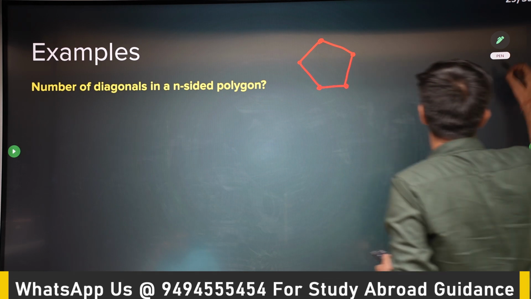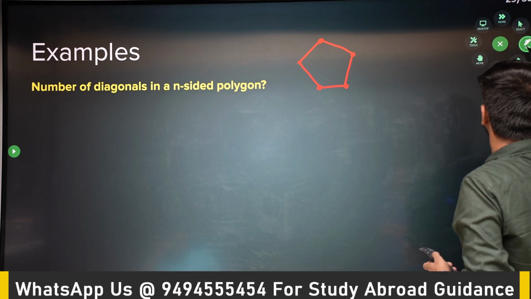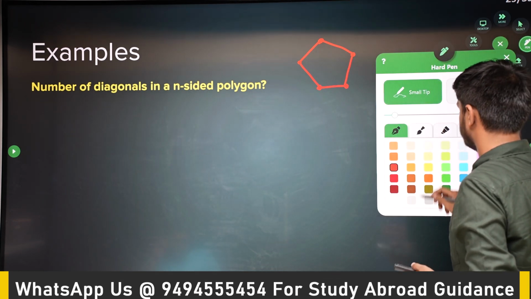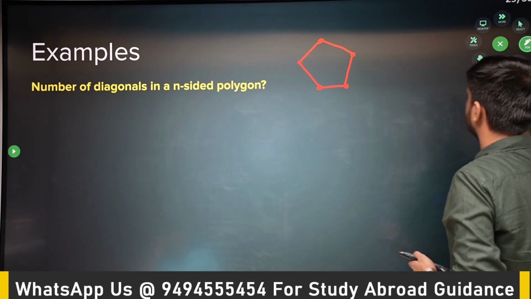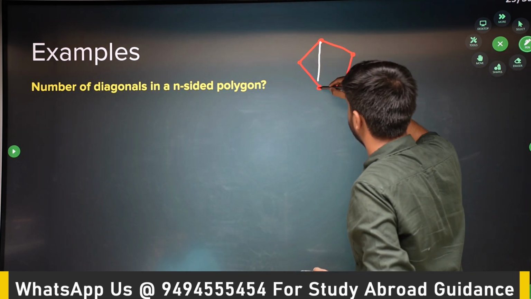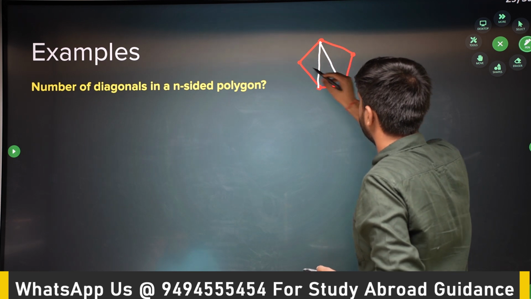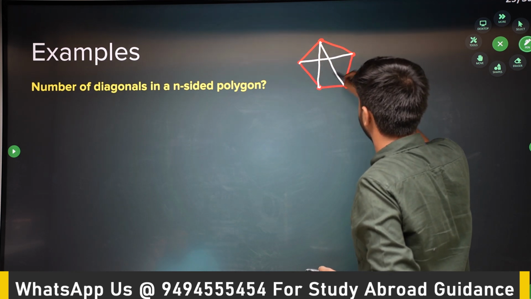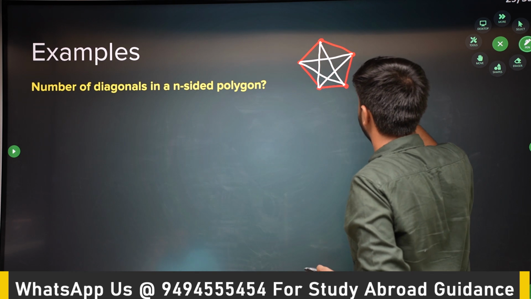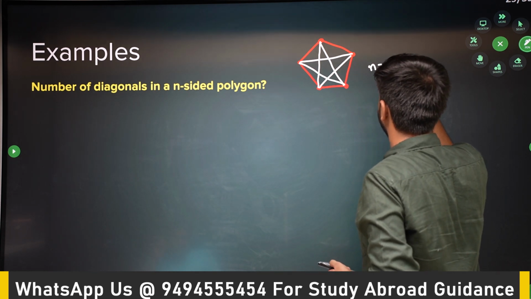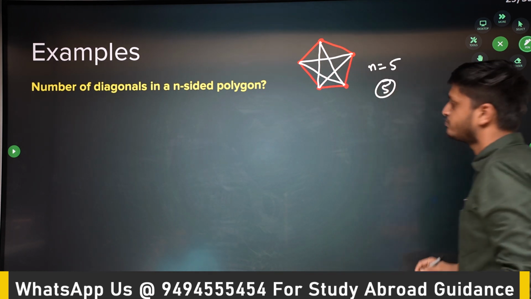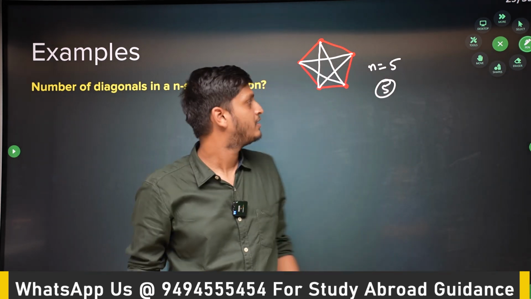How many diagonals can we have here? So this is one diagonal, 2, 3, 4, 5. For n equal to 5, we have 5 diagonals, right?